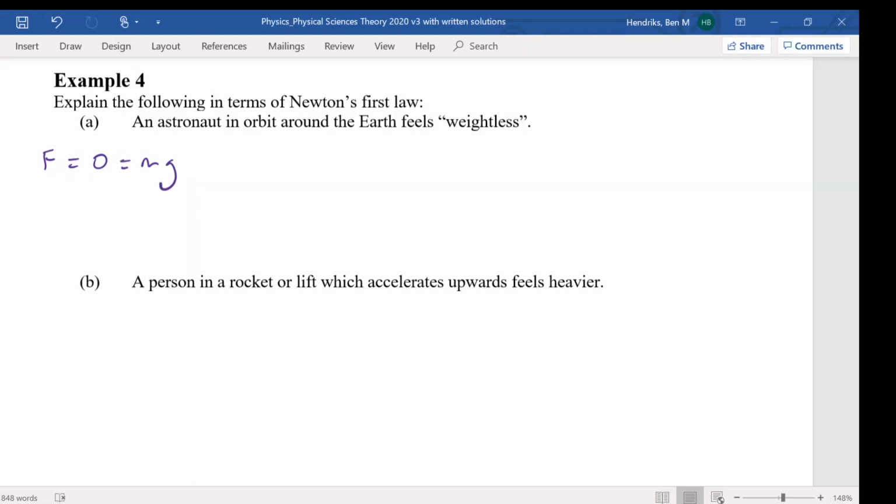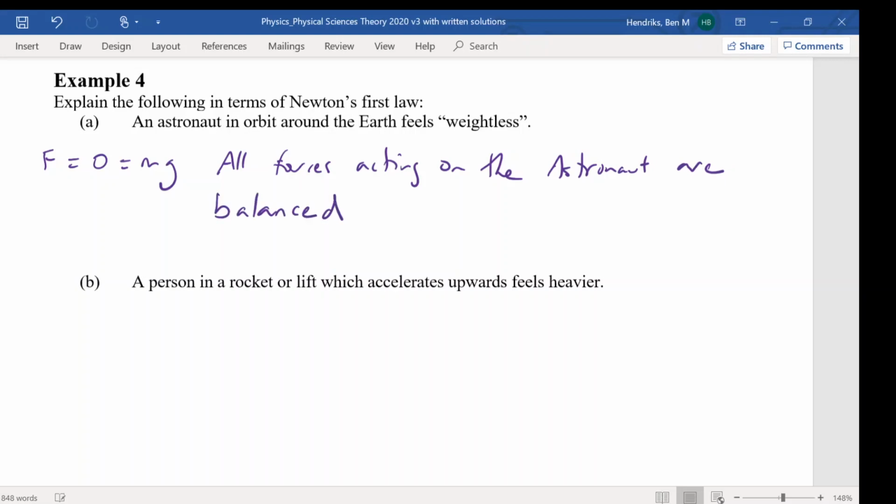And so this happens when all the forces acting on the astronaut are balanced. And then they feel weightless.